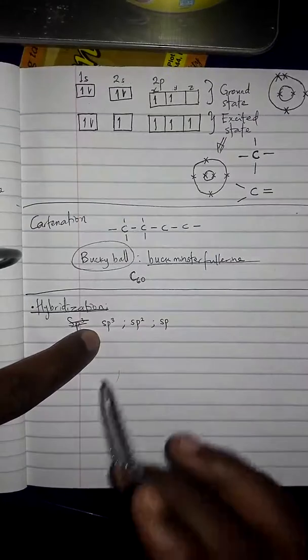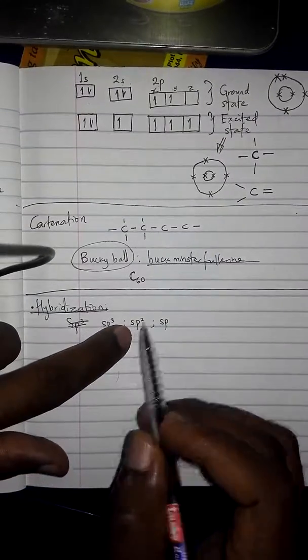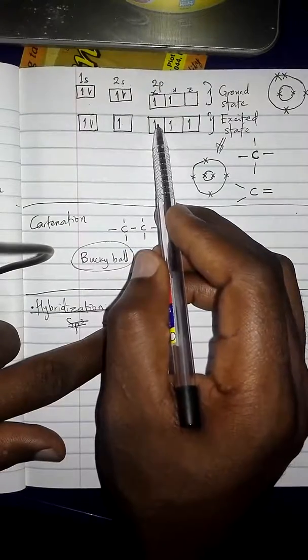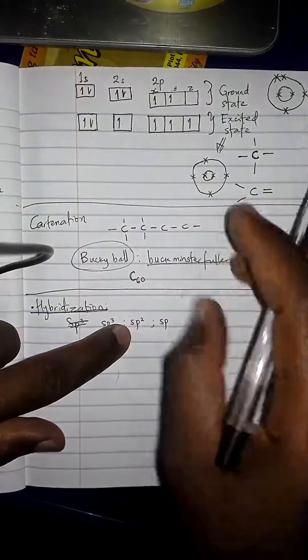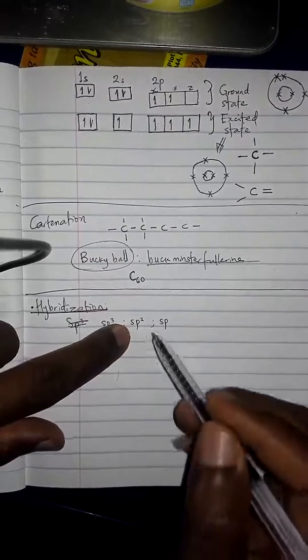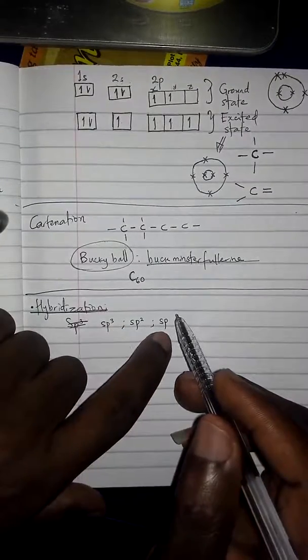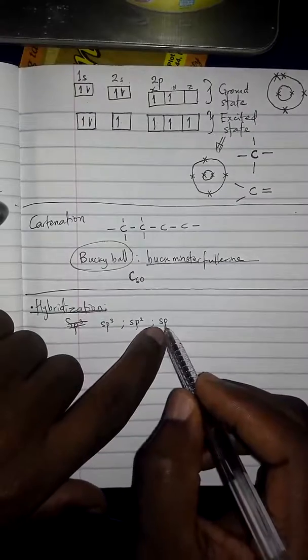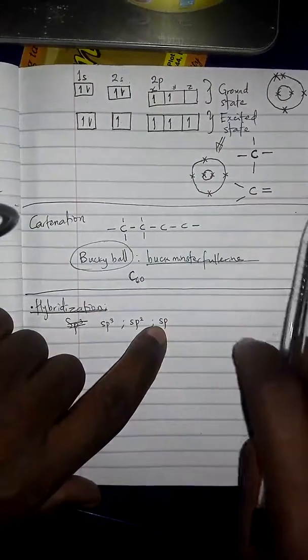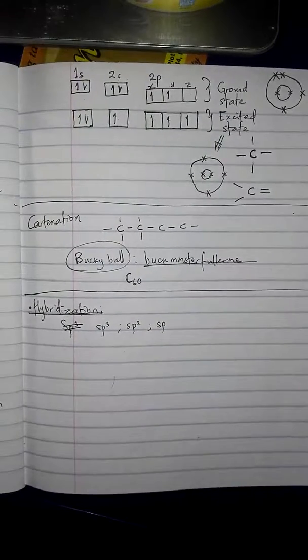In the case of sp2, you have the 2s blend with 2px and 2py only, so they come together and form a hybrid orbital. We look at the orbital diagram shortly. In the case of sp, you have just 2s and 2px coming together to form a hybrid orbital. All right, so that is that about that.